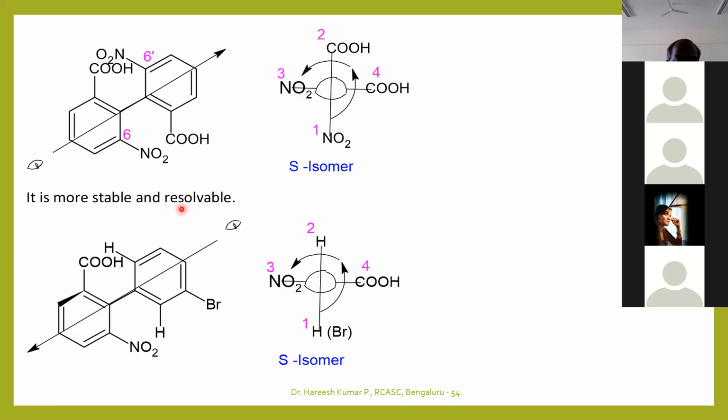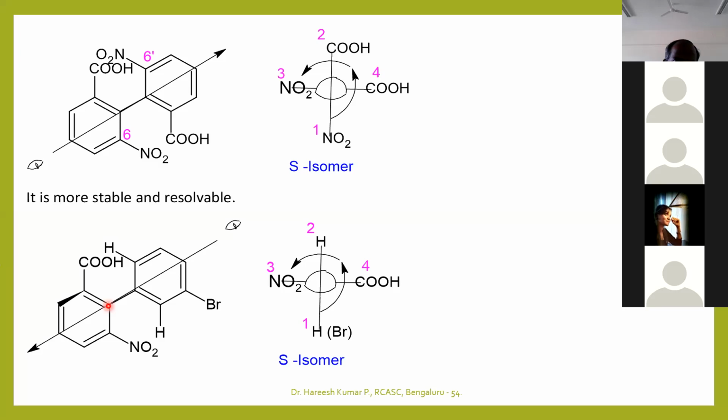So it is more stable and resolvable. Resolvable means one can isolate R and S configuration. So when you are taking this kind of moiety, when you are passing the chiral axis from this side, then these groups are the nearer groups and these groups are far groups.